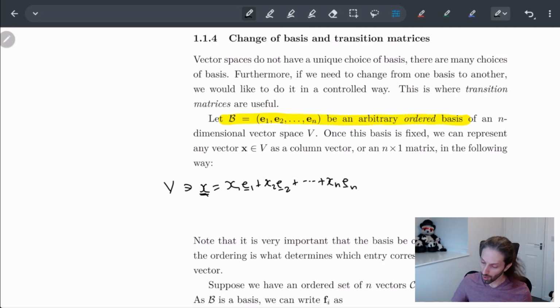Now here, big note. I'll put this on the side. e_i is not necessarily a vector with a 1 in the ith component.